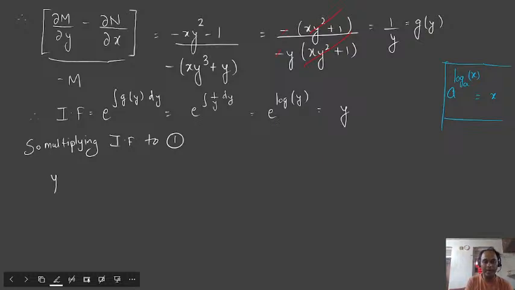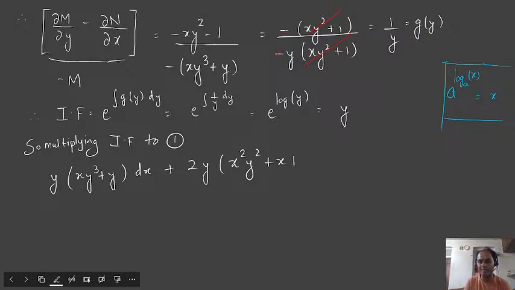We will get y into (xy cube plus y) dx plus 2 into (y x square y square plus xy plus x y raised to 4), and then there is dy equals to 0. So this is our second differential equation.